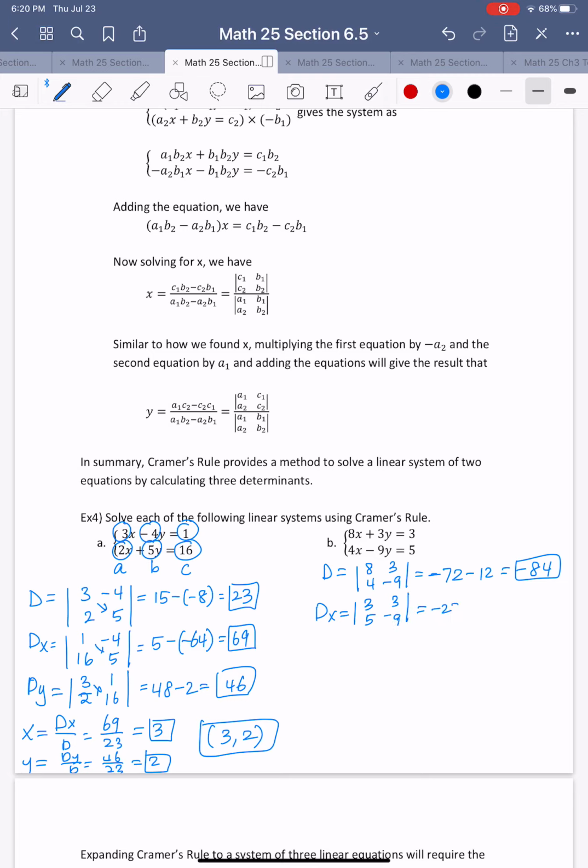I got negative 27 minus 15, so I got negative 42. For Dy, I'm using the 8 and 4 with 3 and 5. Then I have 40 minus 12, which is 28.